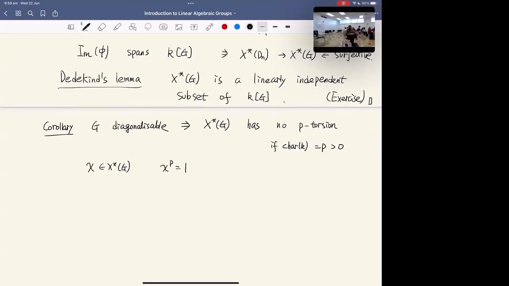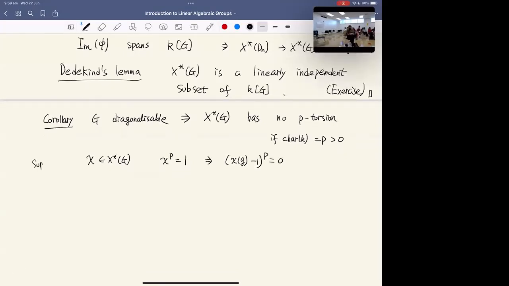So this means, in characteristic p, that chi of g is equal to 1 for any g. So there are no such elements.